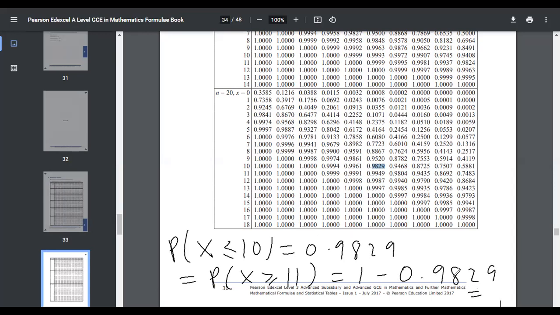If we do that on the calculator, 1 minus 0.9829, we get 0.0171. So we know that 11 must be in our critical region, and everything bigger than 11 must be in our critical region.